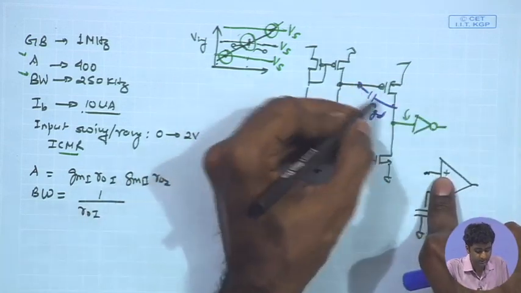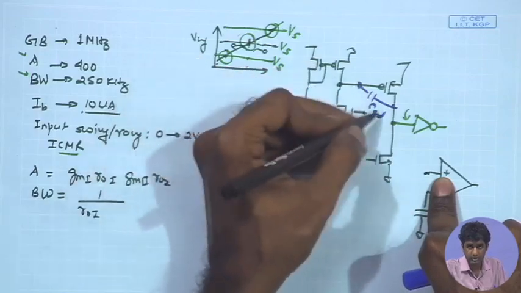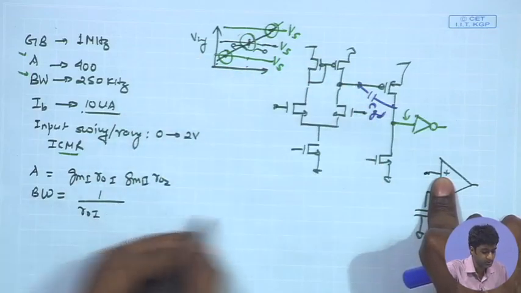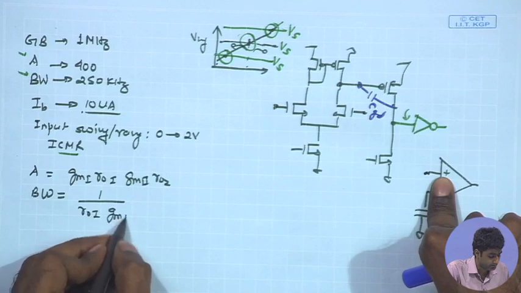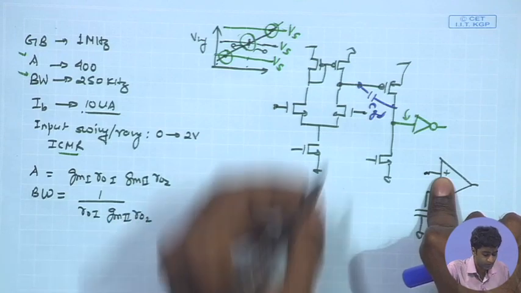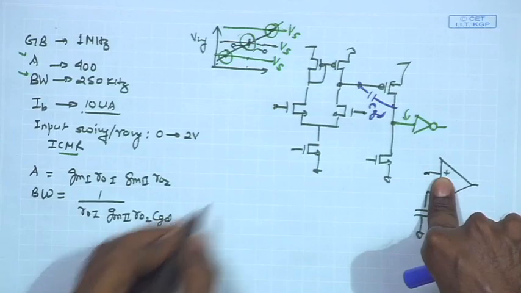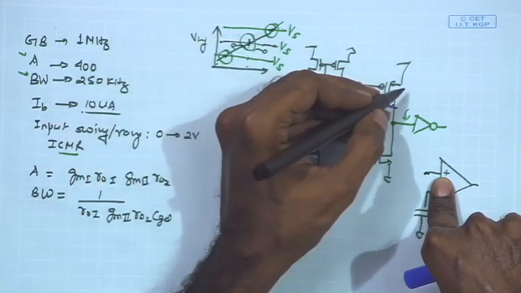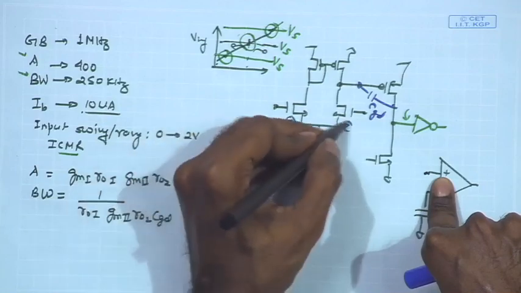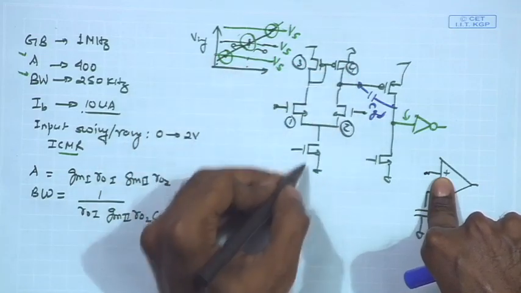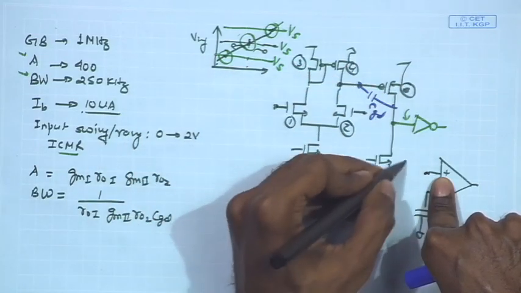If I assume once again that the Miller multiplied CGD is the dominant component, then I will have the gain of the second stage gm2 ro2 times the CGD coming into picture. CGD of M6 coming into picture.